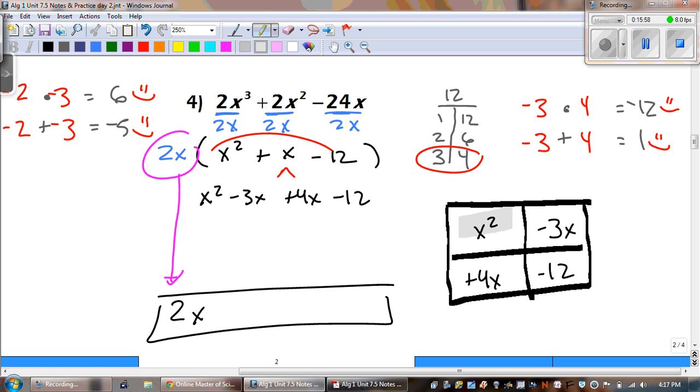So on the left side, what's our GCF? You should get x. Okay, but now the GCF of the right. Well, my leading coefficient is negative, so that means my GCF is negative. And that ends up being a negative 3.